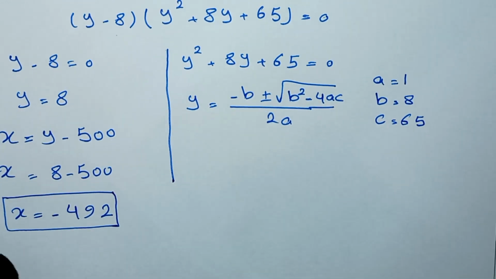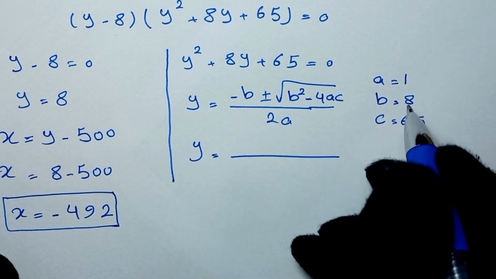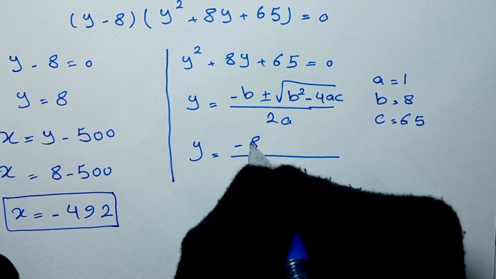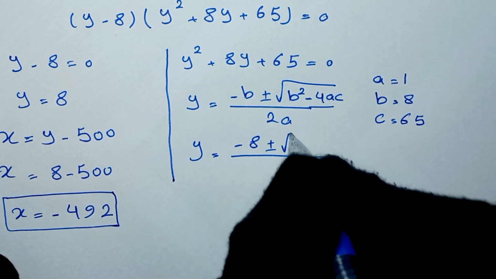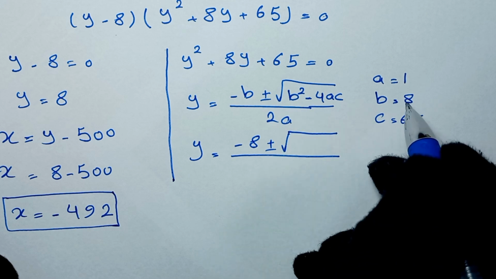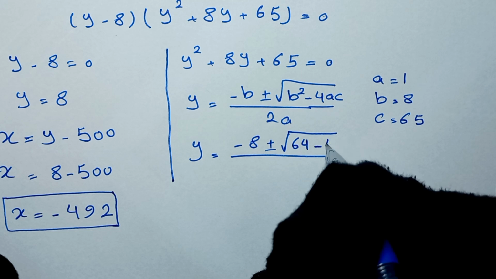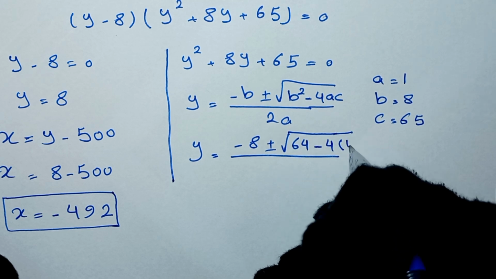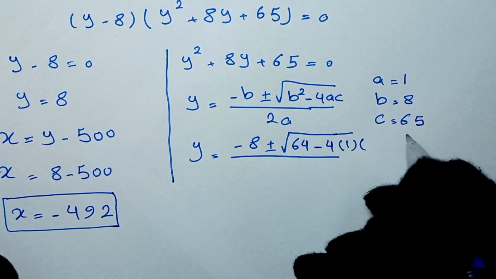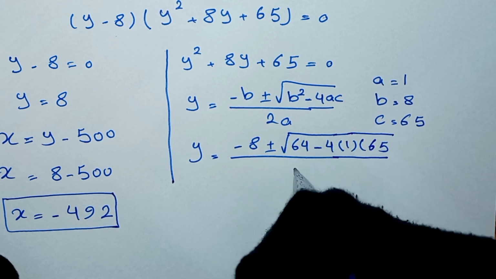So y is equal to negative b, which is negative 8, plus or minus the square root of b squared, 8 squared is 64, minus 4 times a, which is 1, times c, which is 65, right, over 2a, and 2a is 2.